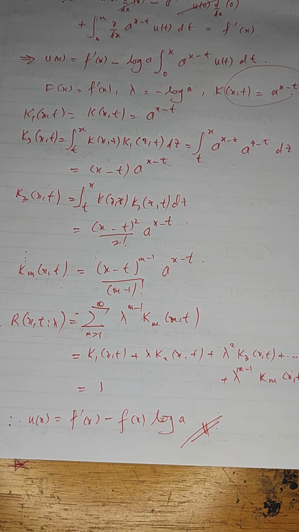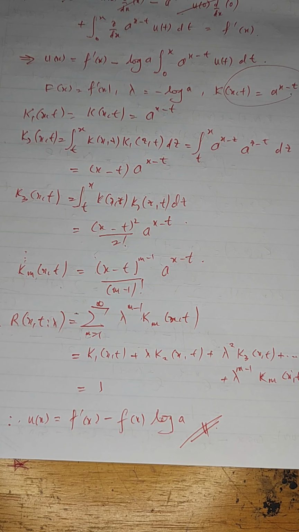We solved the Volterra integral equation of the first kind. The solution process is that we need to reduce those Volterra integral equations of the first kind into a non-homogeneous Volterra integral equation of the second kind.